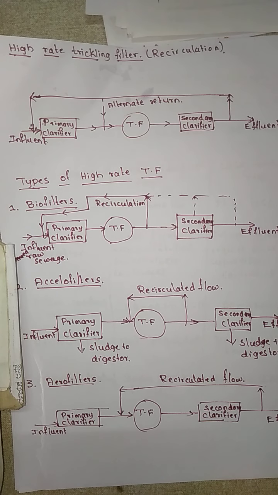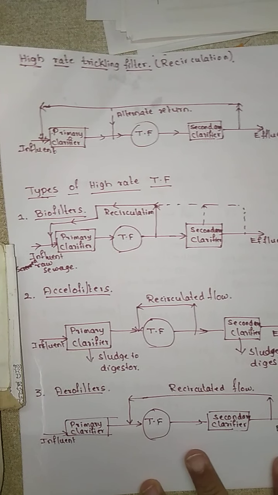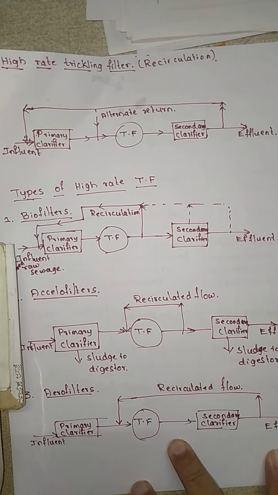Now, coming to the trickling filter, today we are going to discuss the high rate trickling filter. But before that, we will highlight some of the things which we have studied in the normal trickling filter. As in the previous class, the trickling filter gives the wastewater to the filters only once.